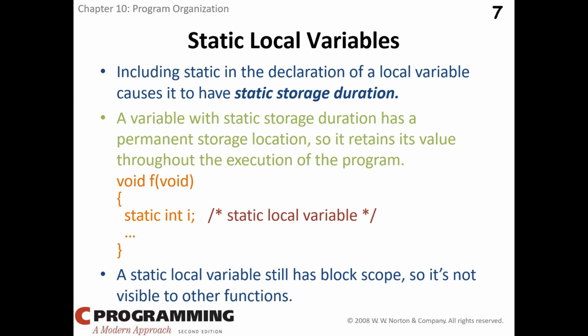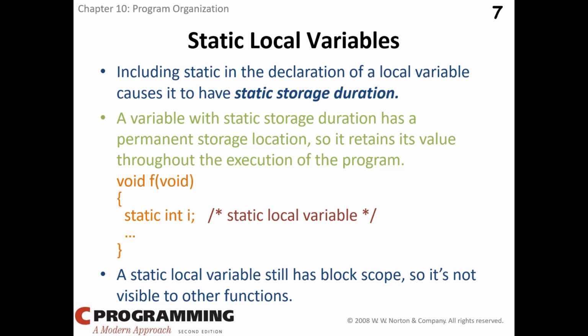Unlike automatic variables that are created and destroyed each time the function is called, a static local variable retains its value throughout the entire execution of the program. It will maintain its value even after the function finishes execution, and retains it for the duration of the program's execution.